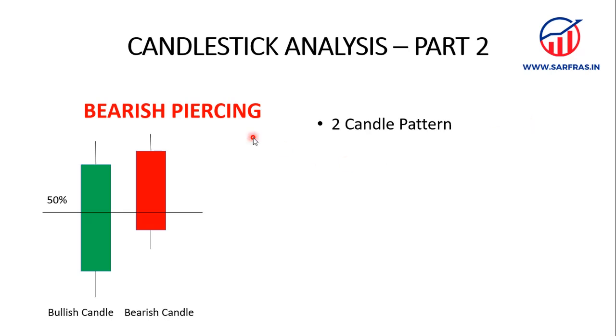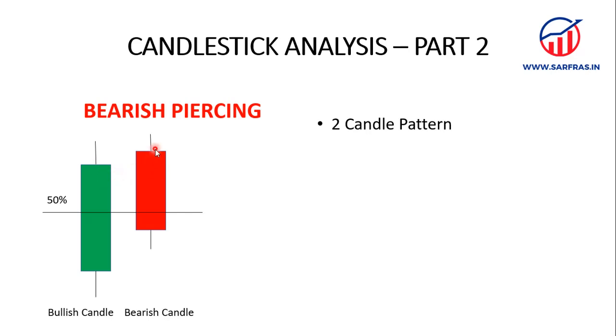In all three examples we saw earlier, you had the bear candle first and then the bull candle. Here you'll have the bull candle first, which means the market is in an uptrend, and then a bear candle formation. Typically the price moves upwards and closes over here.